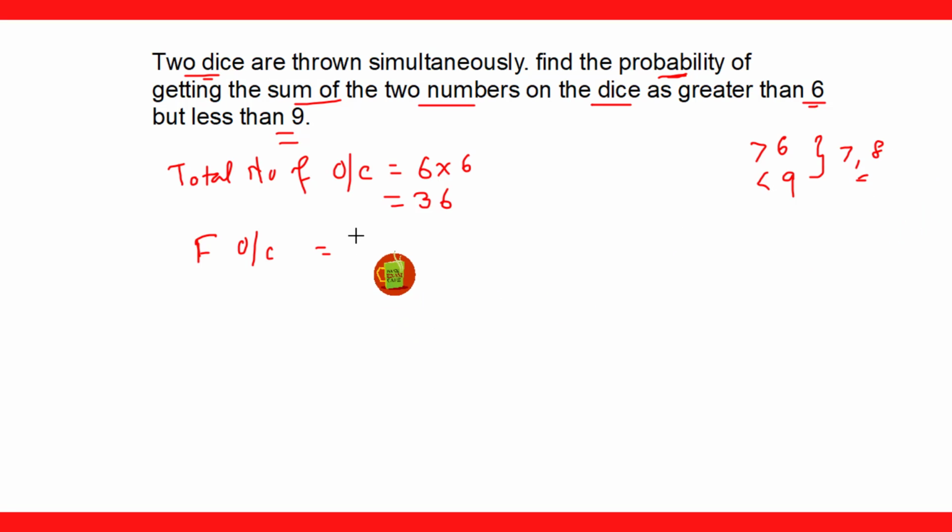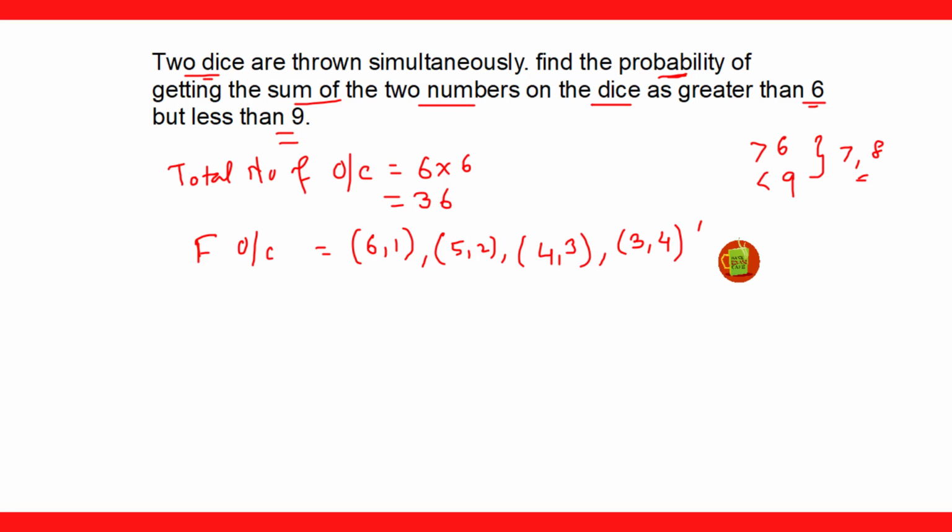And so favorable will be 6 and 1. Second, the other favorable will be 5 and 2. The next favorable will be 4 and 3. The next favorable will be 3 and 4. The next favorable pair will be 2 and 5. The next favorable pair will be 1 and 6.